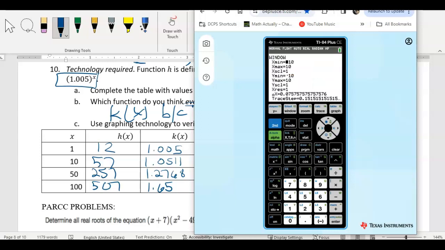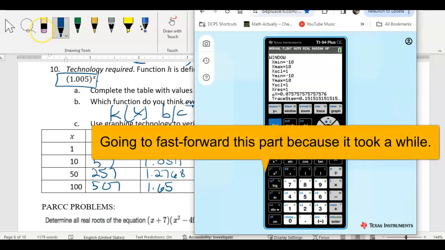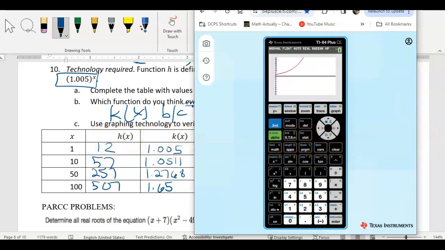So I'm going to go to my window and I'm going to change my x max to 100,000. Ah, there we go.